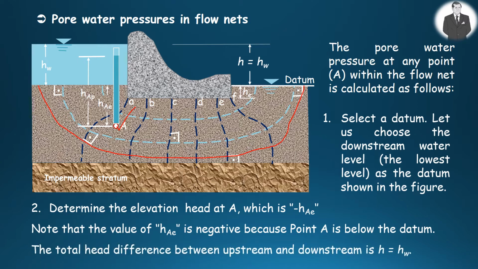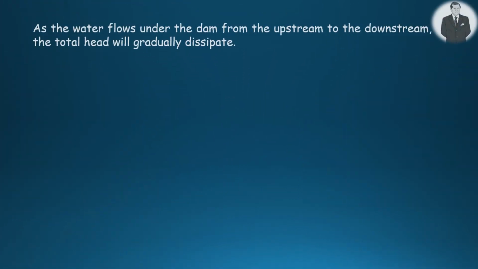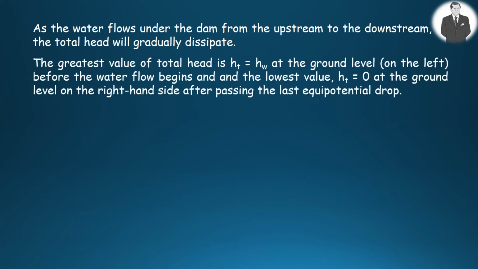Now, the total head difference between upstream and downstream is H or HW. As the water flows under the dam from upstream to downstream, the total head will gradually decrease.